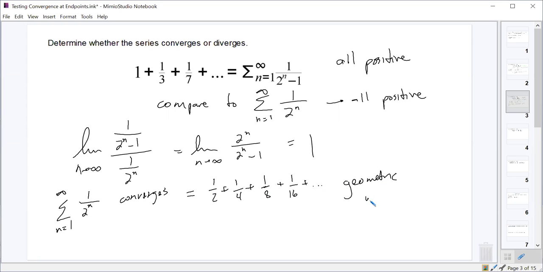It's geometric with r equal to 1/2, right? So it must converge. So by the limit comparison test, we can say that the sum from n equals 1 to infinity of 1 over 2 to the n minus 1 also converges.